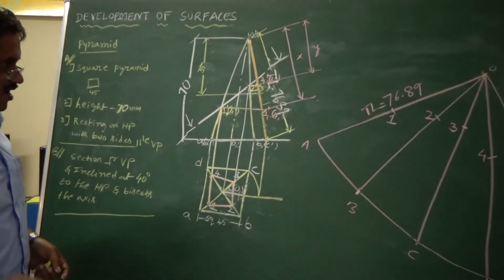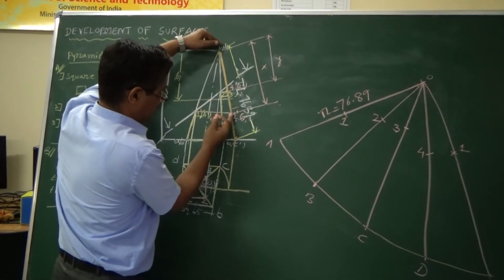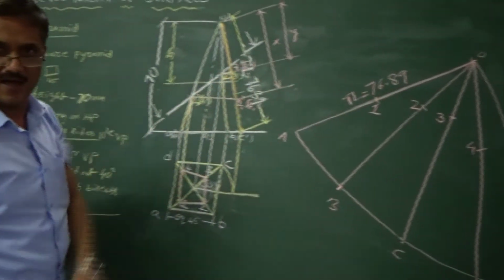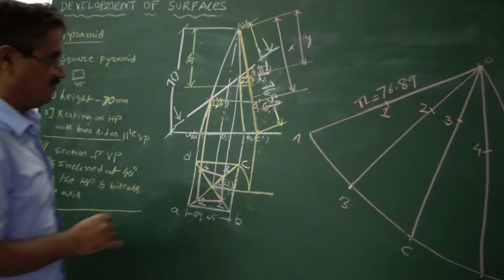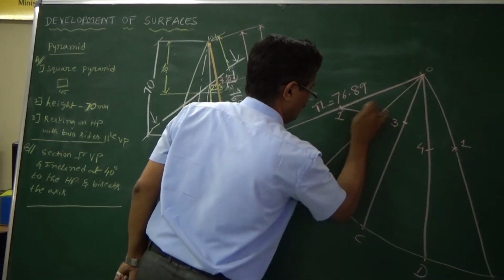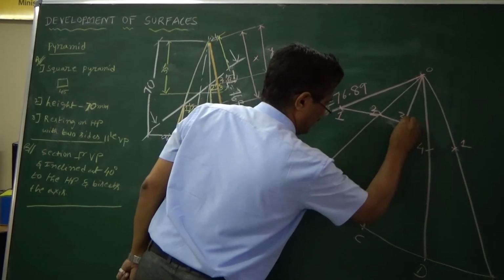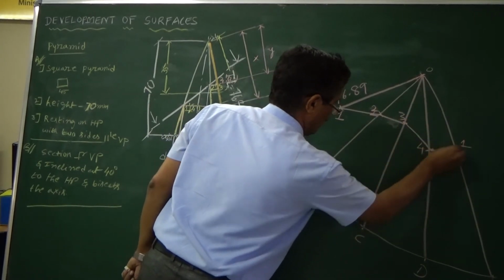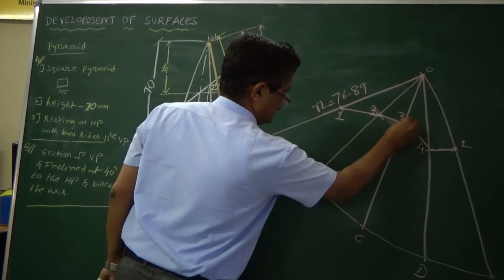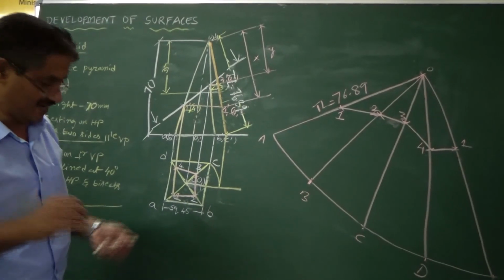So, when you mark all these points, very important thing is I am measuring the distances from the apex. So, I am marking it from here also from the apex. So, that will be convenient for you. Once you do that, join this 1 to 2, 2 to 3 and 3 to 4 and back 1. So, you will be getting like this. So, this is the connections which you do in a straight line.